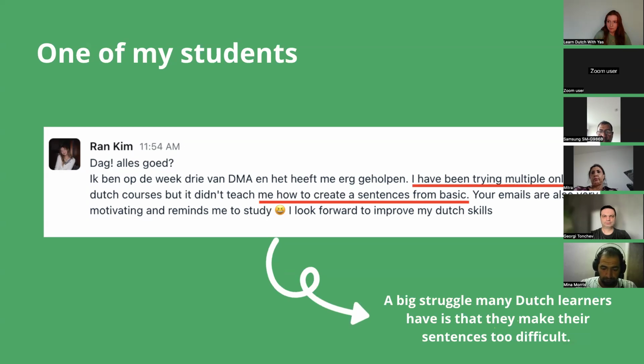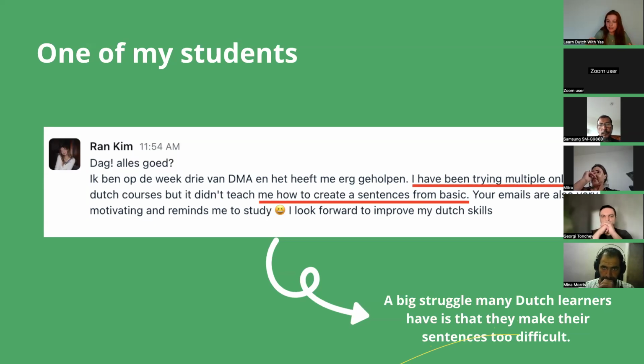And what happens? They want to speak too much. So whenever they get the chance to have a conversation with someone, Dutch learners start to try and create a lot of difficult sentences, and they start speaking a lot, but a lot of those sentences don't really make any sense.